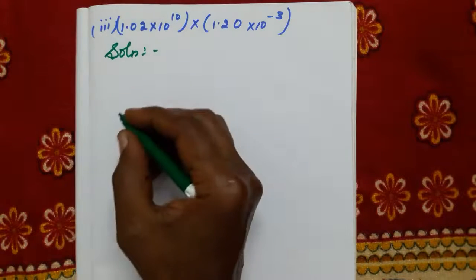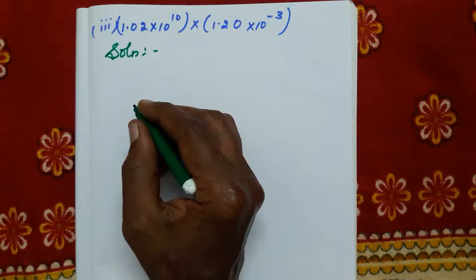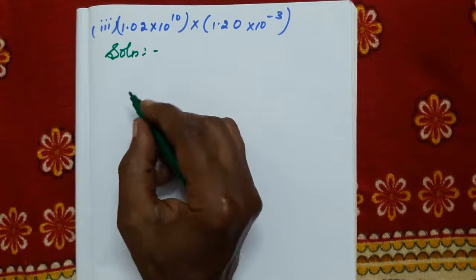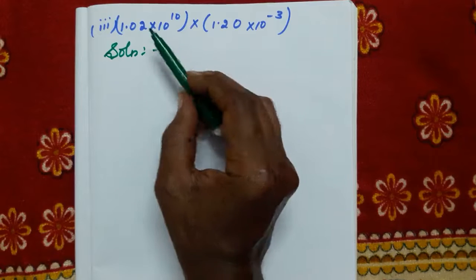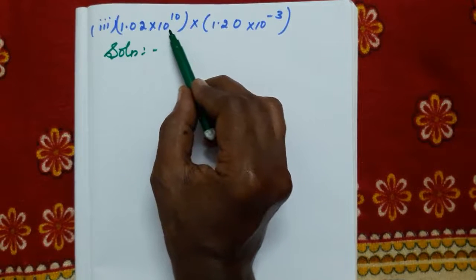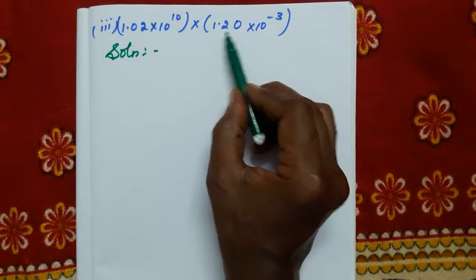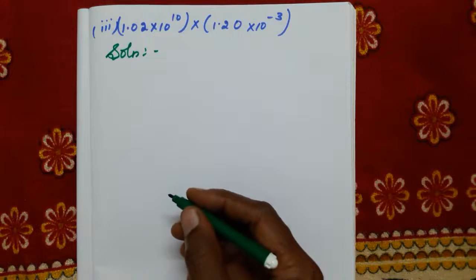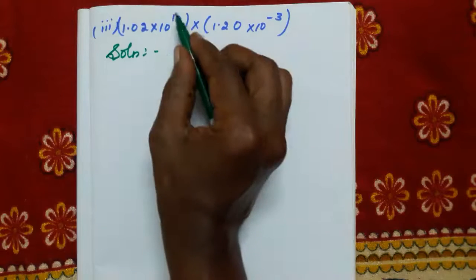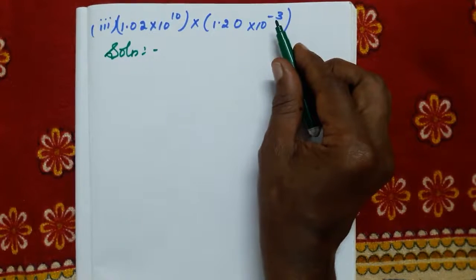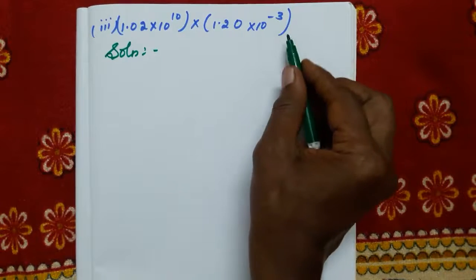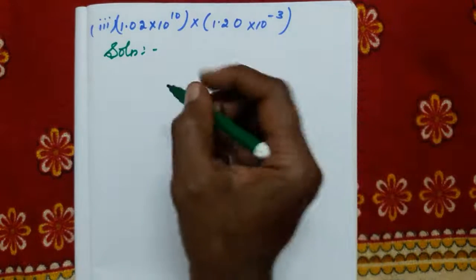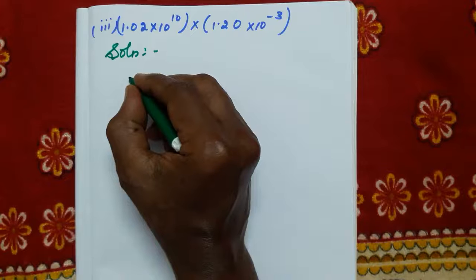Now I am going to explain the third problem. Fifth one, exercise 2.8, fifth one, third problem. Simplify 1.02 into 10 power 10 times 1.20 into 10 power minus 3. Here, for multiplication and division, even if the indices are not equal, we can multiply or divide. Already I have explained this.